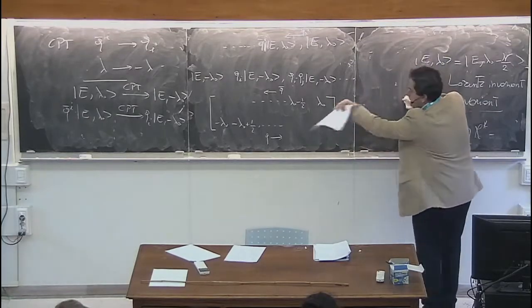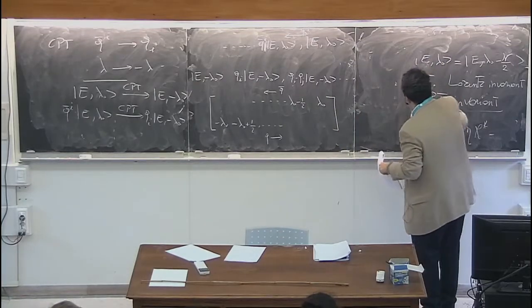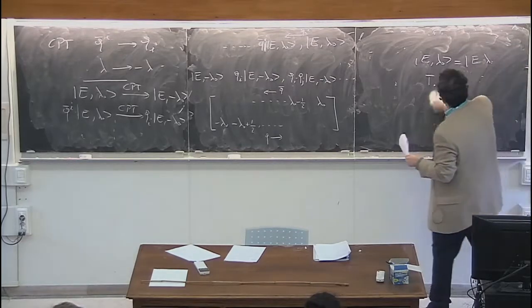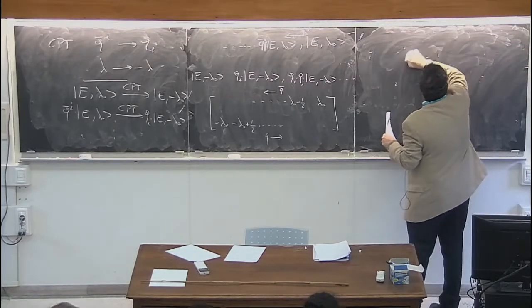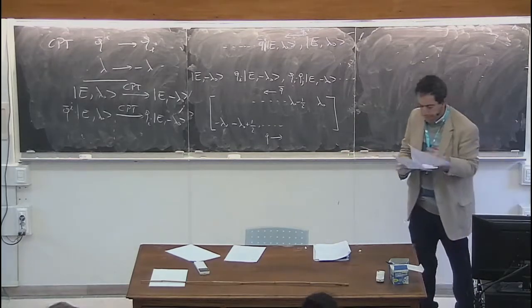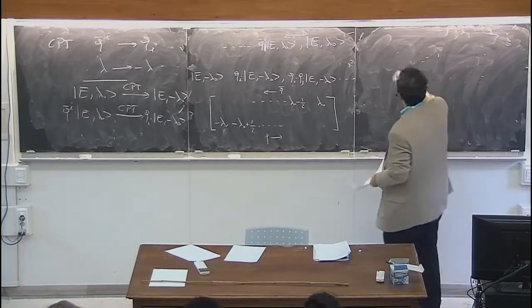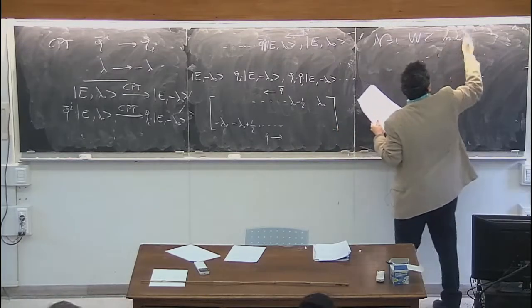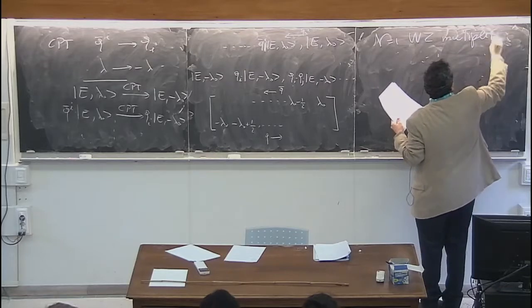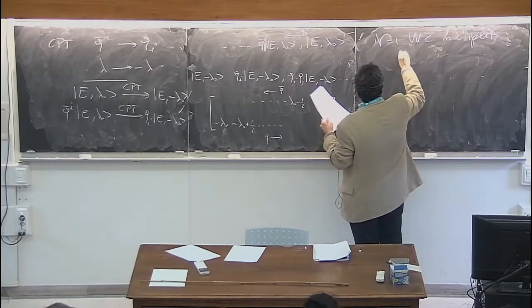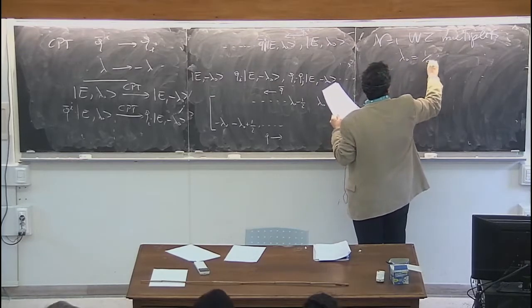Let me give you an example, and then I end here for today. Consider the N equal 1 Wess-Zumino multiplet. In this case, we choose lambda naught equal 1/2. Okay?